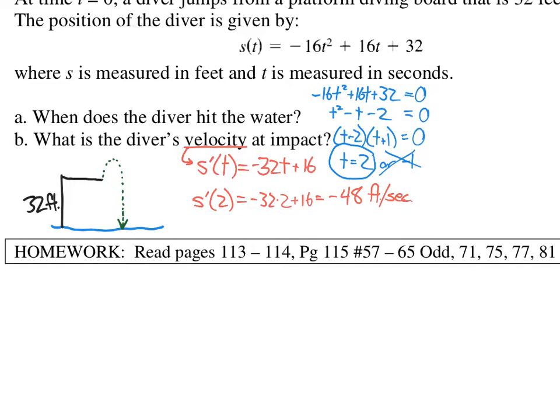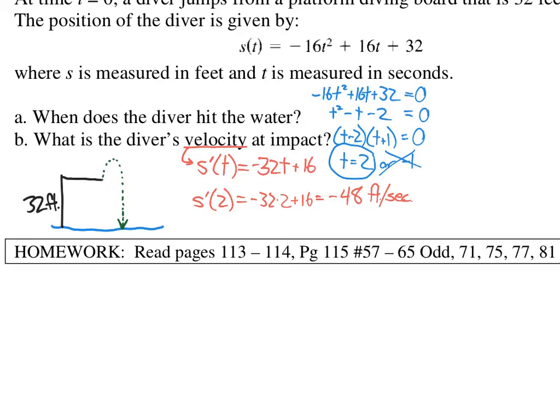Okay, yeah, because we're going downward. That's why they asked for velocity as opposed to speed. Good, Angel. Velocity, remember, is a vector quantity, okay, which indicates both a magnitude and direction. The direction in this case is that negative, whether it's positive or negative. Okay, so there's our direction and magnitude.